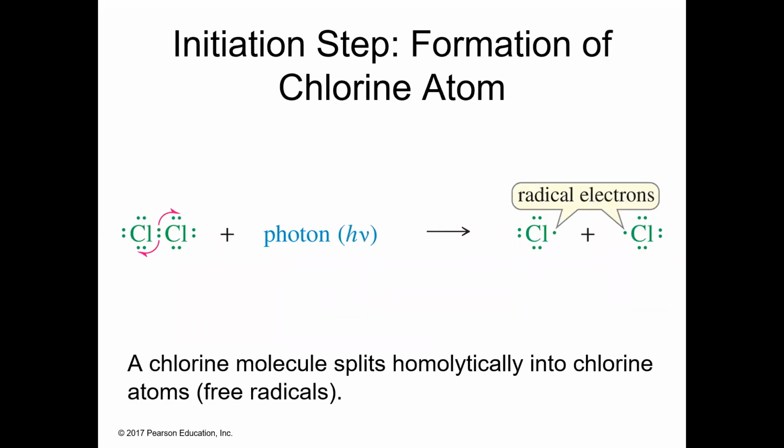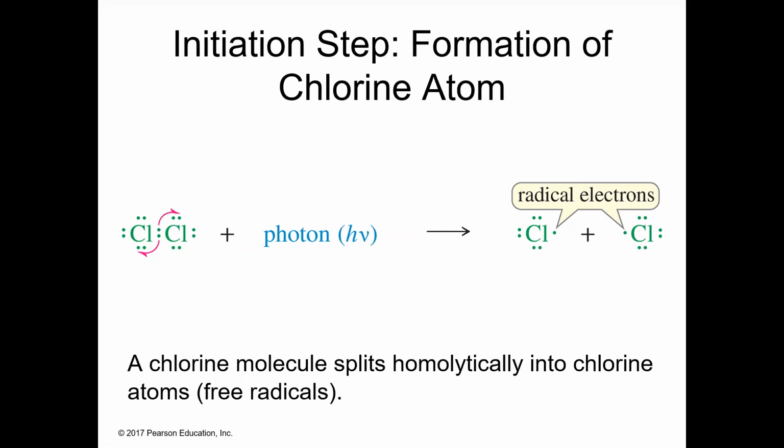All right, so here is the first step, the initiation. We have a chlorine molecule, and if we hit it with blue or ultraviolet light, this gets absorbed by the chlorine molecule, and the chlorine molecule splits symmetrically, or we say homolytically. These arrows have a single barbed head, like a fish hook.